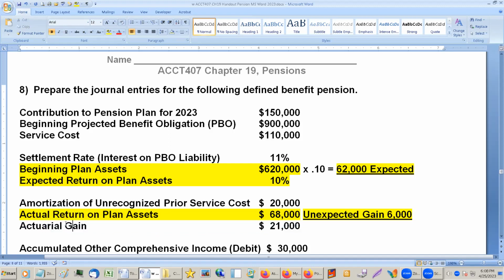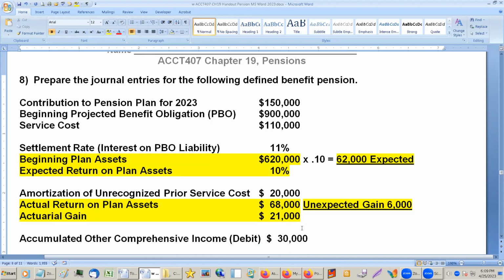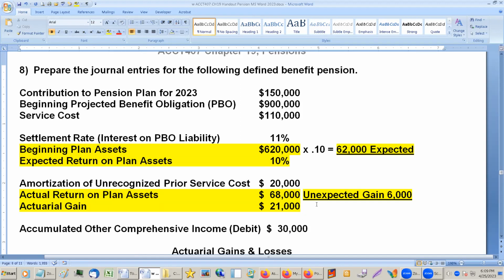When they say actuarial gain, it really is someone hands it to you and says, "Here, this is your gain, or this is your loss." Accountants don't do those calculations. Okay, so it looks like we have 6,000. What was it? 27,000.